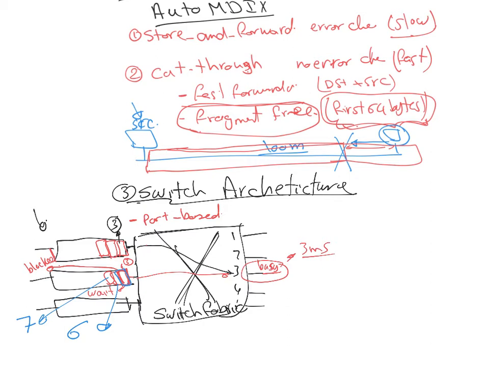So this phenomenon is called head of line blocking. This phenomenon exists in any hardware architecture that uses queues, because queues are first in, first out.